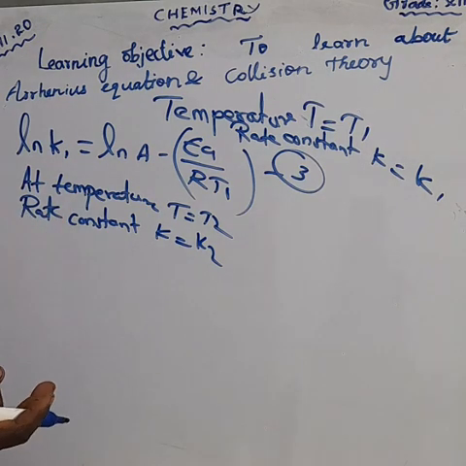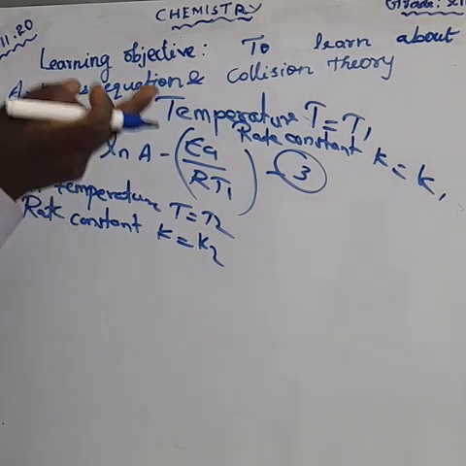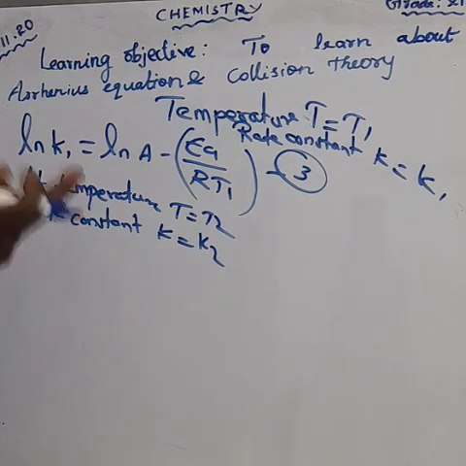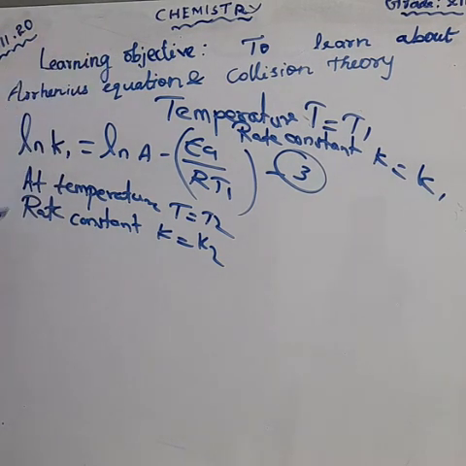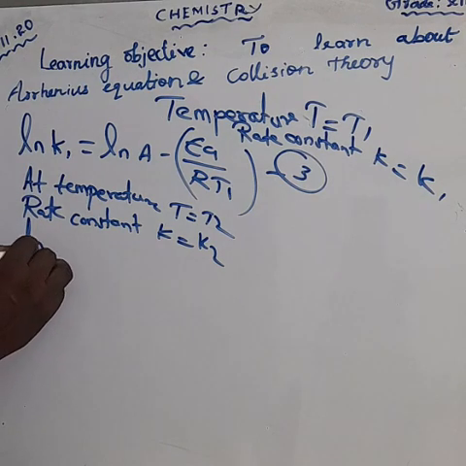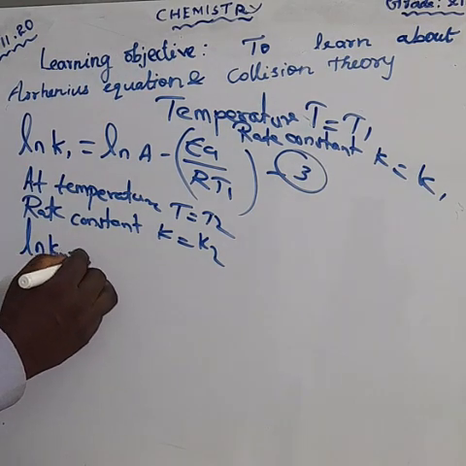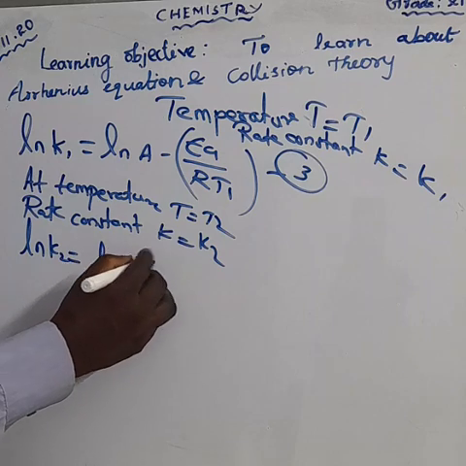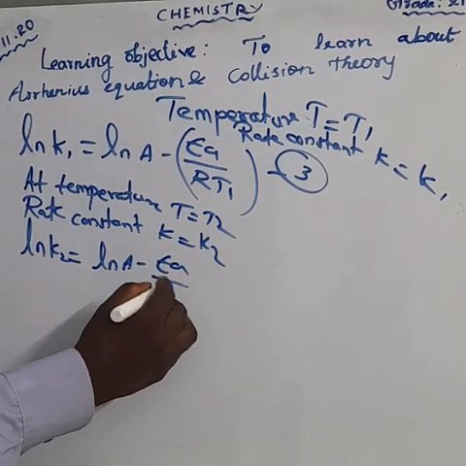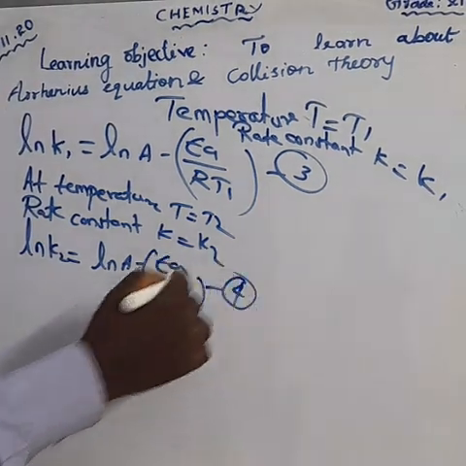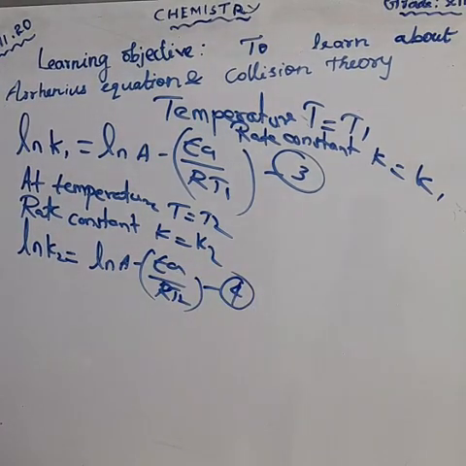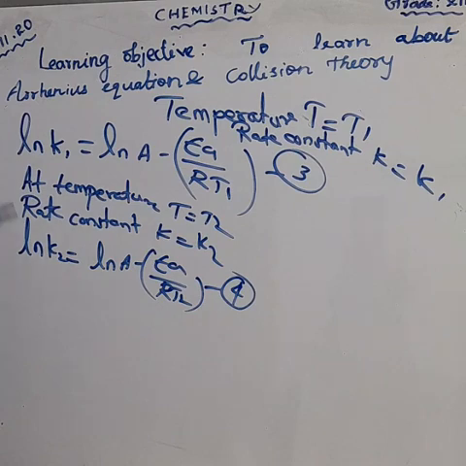Again, we have to write equation number 4 by using the second equation: ln K2 is equal to ln A minus Ea by RT2. This is equation number 4.